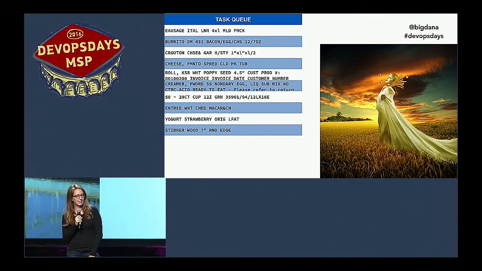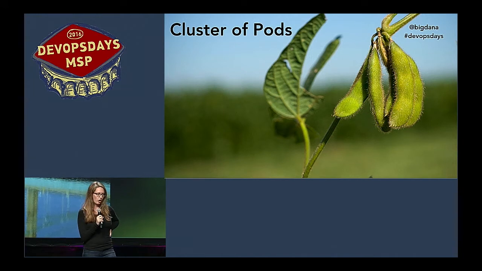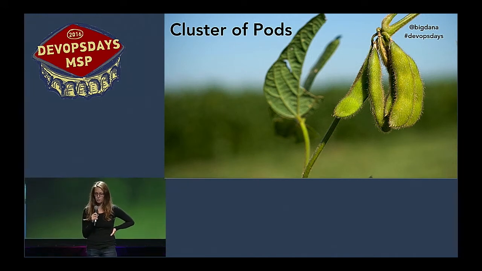So she starts out by building a cluster of pods. These are keywords here. So each pod is identical, and there are Docker containers inside the pods that can communicate with each other and the outside world.